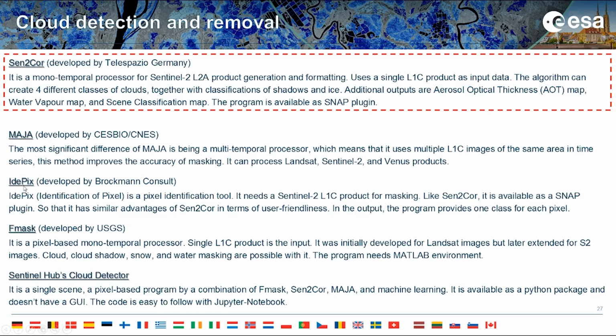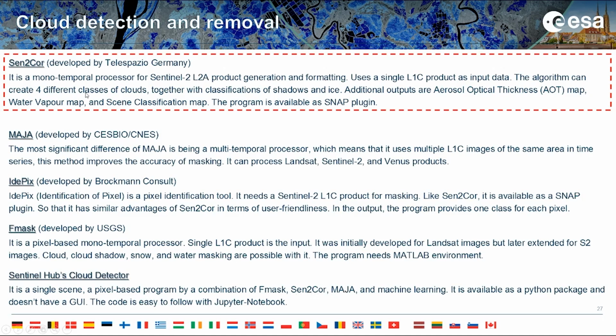There is the IdePix developed by Brockmann Consult. This is in SNAP as well for cloud detection. We have the FMask developed by USGS, and this can be applied on Sentinel-2 and Landsat as well. And after we have the Sentinel Hub cloud detector, that is a combination of FMask, Sen2Cor, and MAJA.